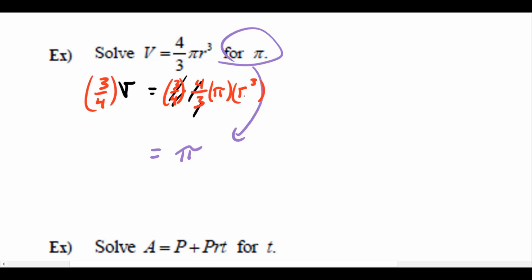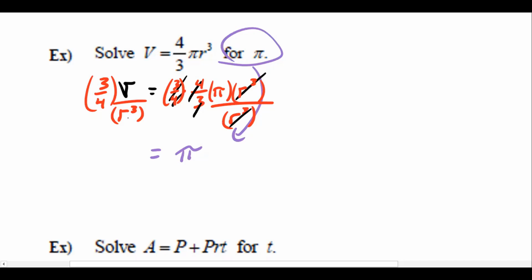Now I also need to get rid of the factor of r cubed. And again, if I do that, all I need to do is attach a factor of r cubed in the denominator. So the v, I'm going to attach a factor of r cubed in the denominator. So everything will cancel. And since everything was factors, we had to use canceling to do that. So I'll be left with pi when I do this.